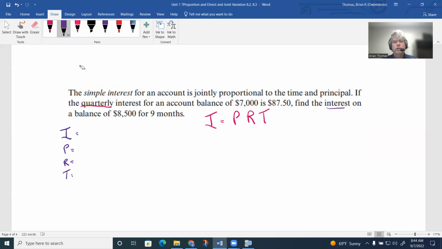Notice how they do give us a $7,000 balance, and they actually give us an interest of $87.50. They don't give us the rate, but they do give us this time of quarterly. So quarterly, again, is going to be 3 months, if you will.